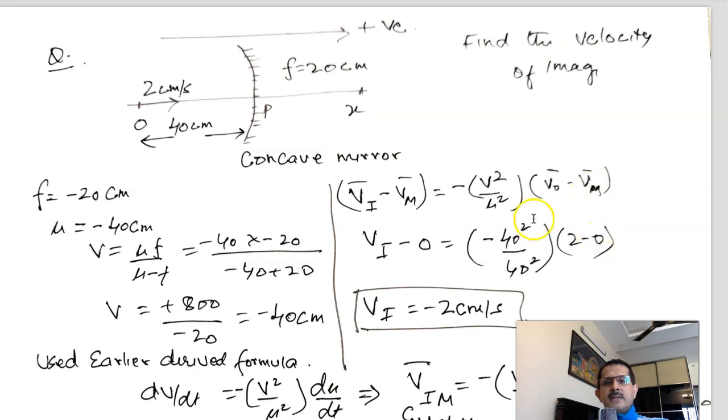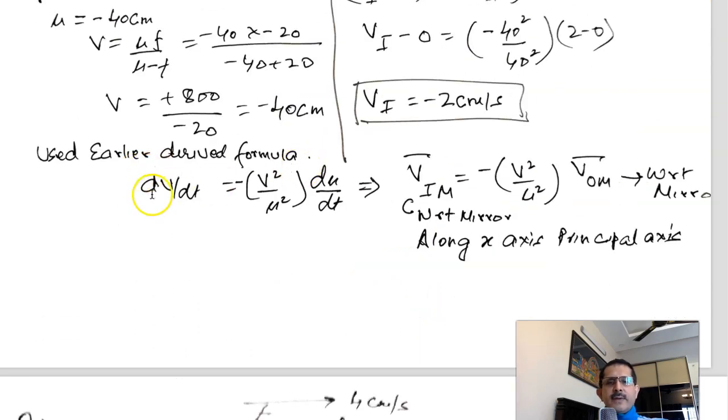Velocity of mirror, in this case they have said this is not moving, so this is 0. Put v square by u square, use this formula. Velocity of mirror is 0, so I get vi is equal to 2 minus 2 centimeter per second. Okay, so this is the velocity of the image, minus 2 centimeter per second, using the formula which we have derived in the earlier slide.